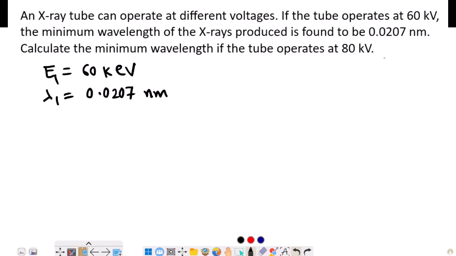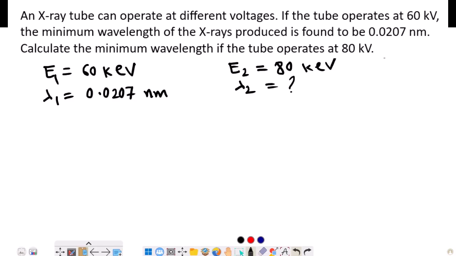Now we have to find the minimum wavelength if the tube operates at 80 kV. When the tube operates at 80 kV, the maximum energy of the X-ray photon will be 80 keV, and let's say the minimum wavelength is lambda 2. So we have to find lambda 2.